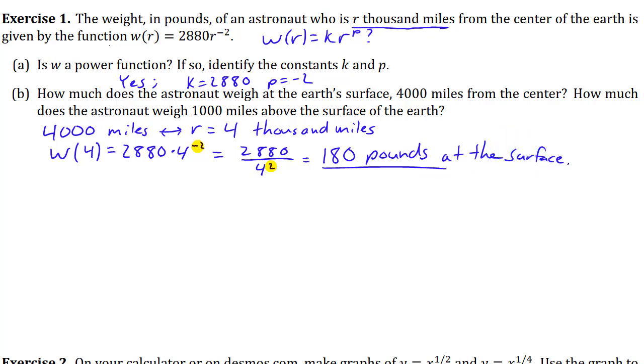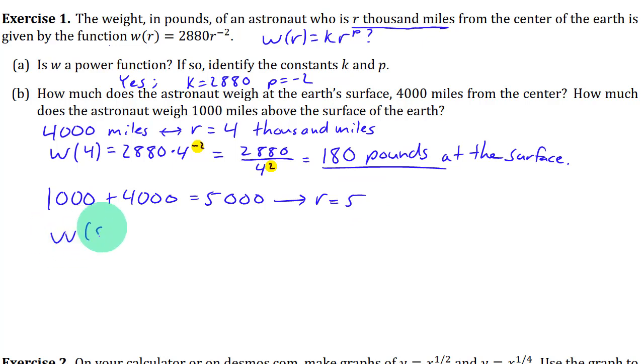All right, how much does the astronaut weigh 1,000 miles above the surface of the Earth? So 1,000 miles above the surface means 5,000 miles from the center. So that leads to r equals 5.